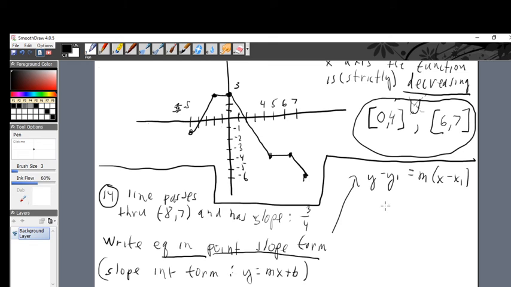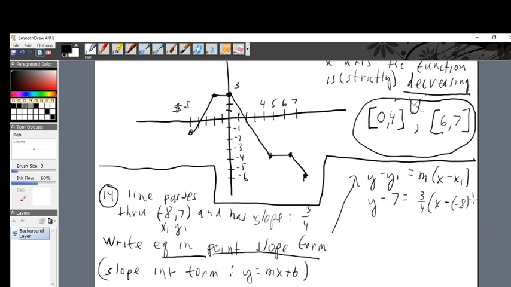Look how they made our life easier. Let me show you. Where's the y1 going to come from? Here's going to be the x1. Here's going to be the y1. And here's the slope. We've got everything we need. So the y1 is going to turn into 7. The slope turns into 3/4. The x is the x. The minus is the minus. And what's the x1? -8. So I've got one more step.